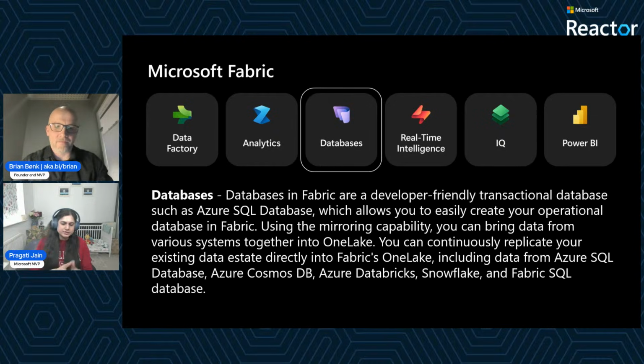And the beauty of this Fabric SQL database is it's a SQL database, right? People like me who are used to running SQL queries for analysis or understanding what the data is, it really makes things very easy for us. So there are ways you can land your data into a Fabric SQL database to make it work for the skill set that is used to using SQL queries for analytics.